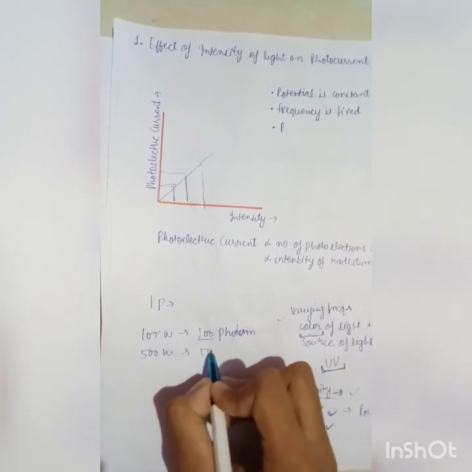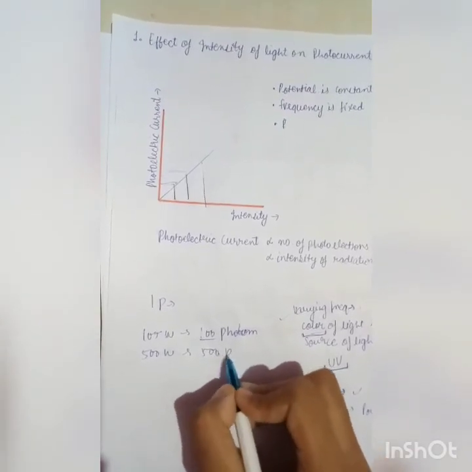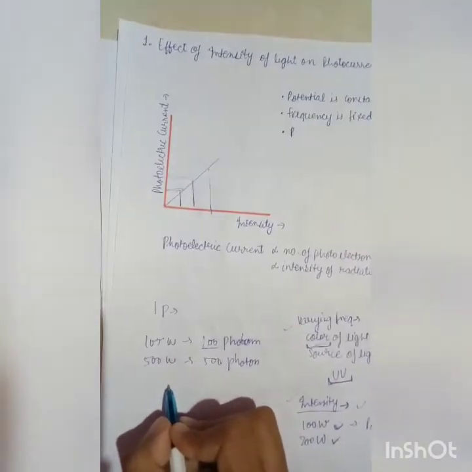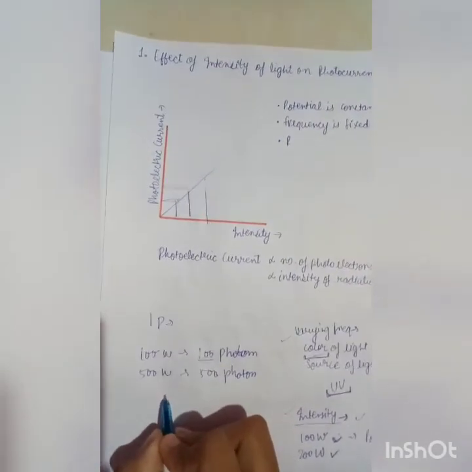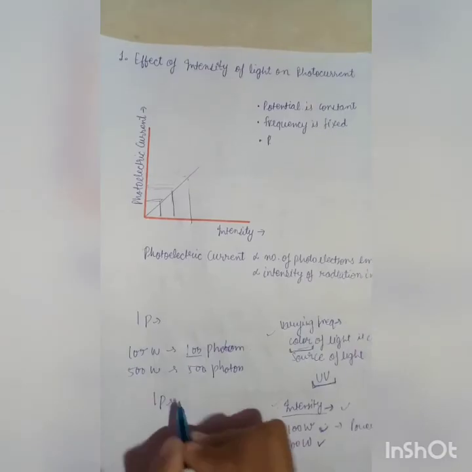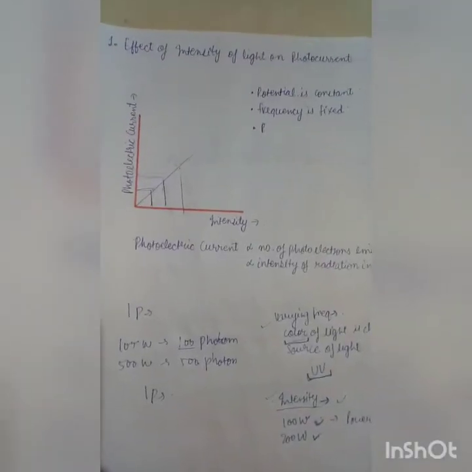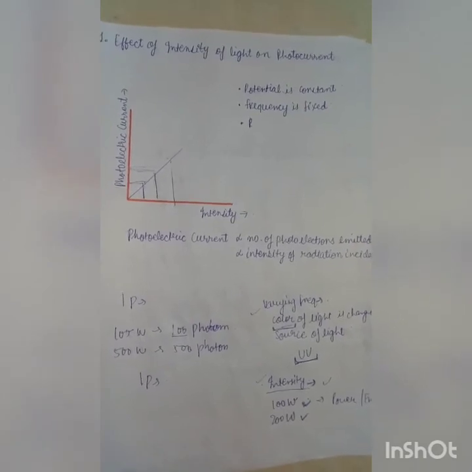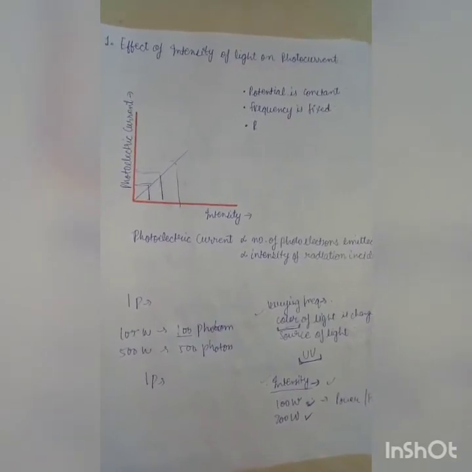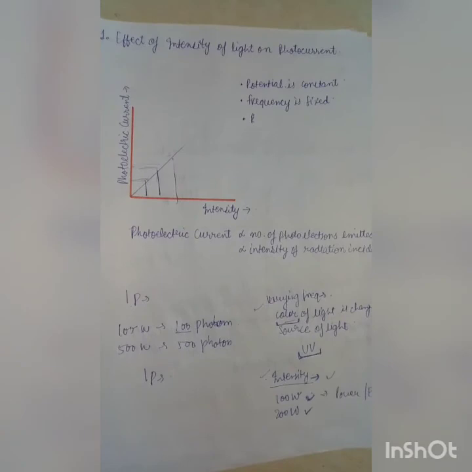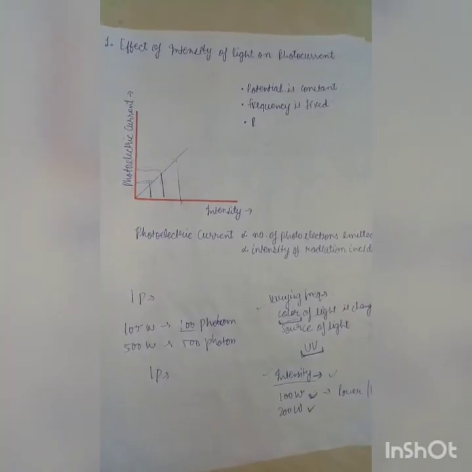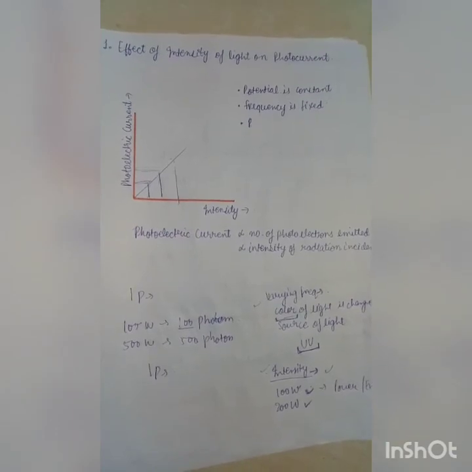I have 500 photons per unit time. Again, here also I know that the energy of one photon is fixed. So whether I have a 100-watt bulb or a 200-watt bulb, the energy of one photon is fixed. So let us see in the next section how this effect is seen in the photoelectric effect.